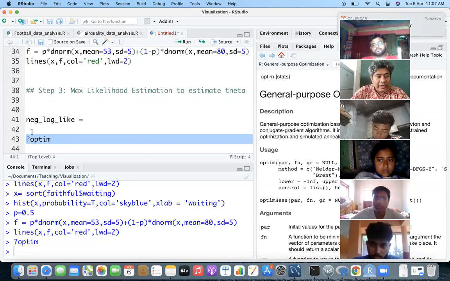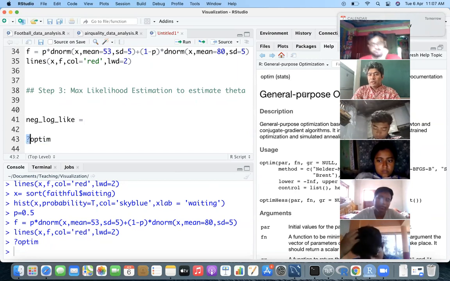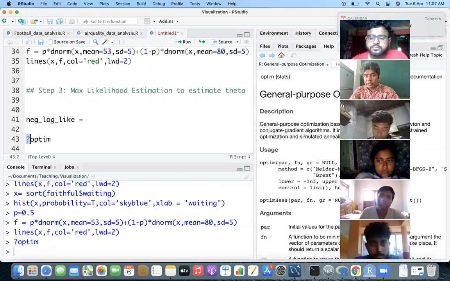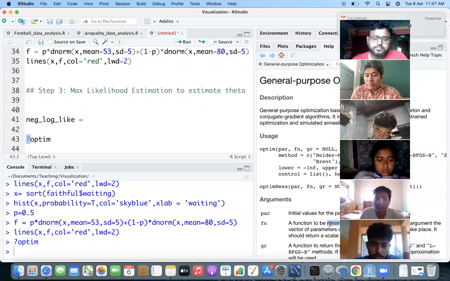All right. Next. So, can you repeat what you said just now? I'm going to use this general purpose optimization routine that is available in the stats package. This is the basic R package. I'm going to use that. Now in this optim function, by default, the function is to be minimized.